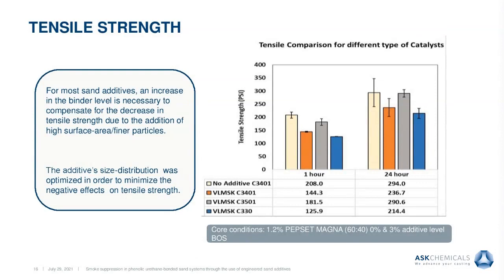So we were very pleased to be able to recover the tensile strength of the core without having to increase the binder level. And the reason I'm saying this is, if we had to increase the binder, we'd have more like a chicken-and-egg situation, where more binder, then more smoke, and then more additive, and then reduction of the tensile strength.